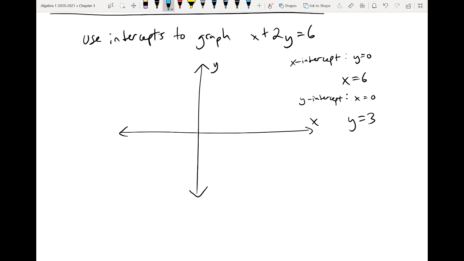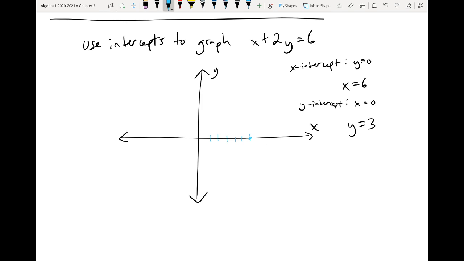So we're going to go here onto the coordinate plane. x, 6: 1, 2, 3, 4, 5, 6. Now we're going to go onto the y-axis, y equal to 3. So up 3: 1, 2, 3.